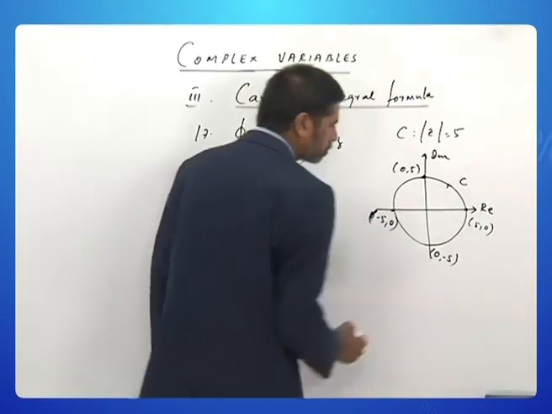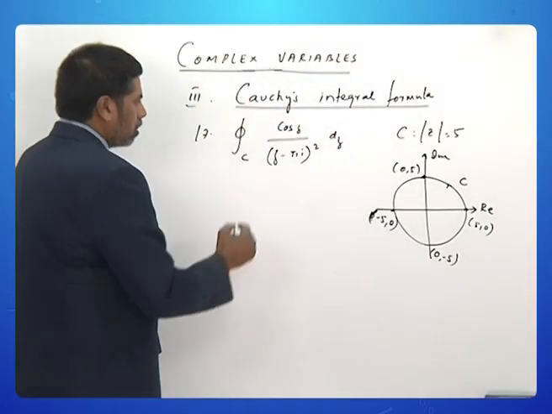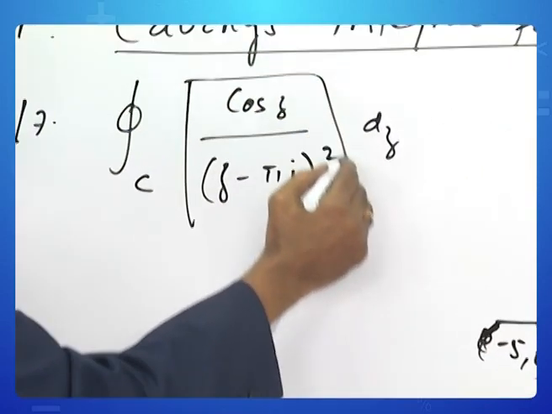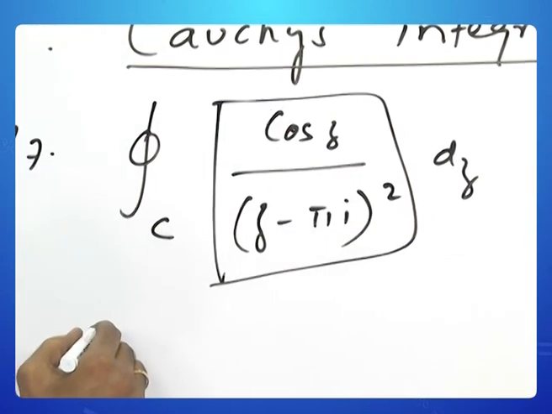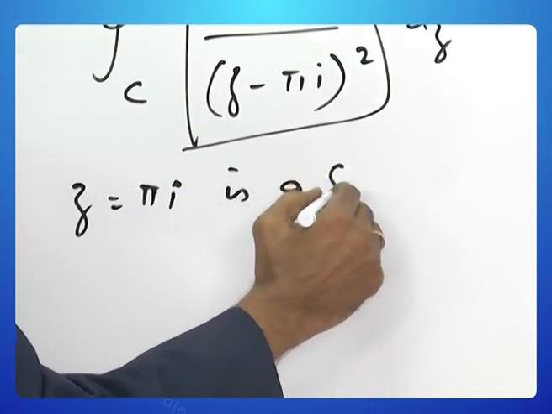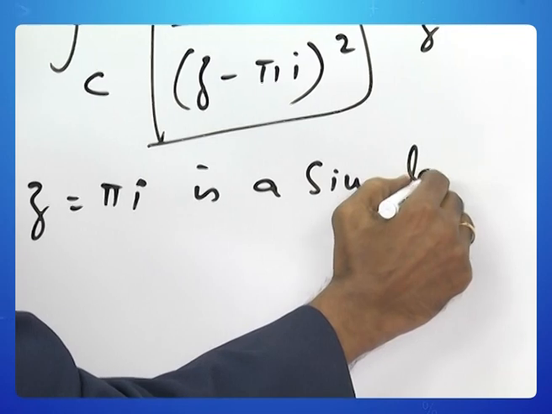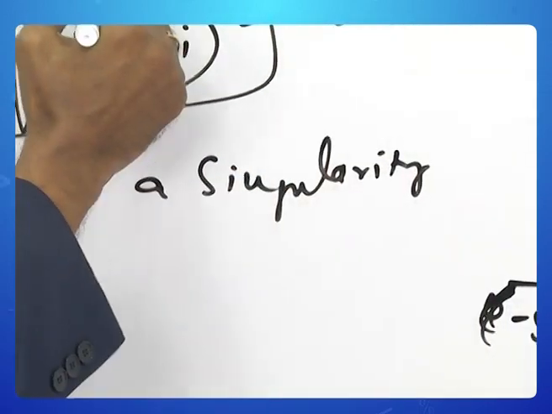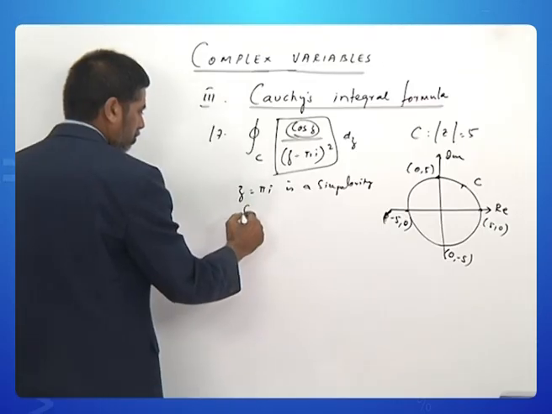This function has a singularity at z is equal to pi I. You take the numerator as f of z.